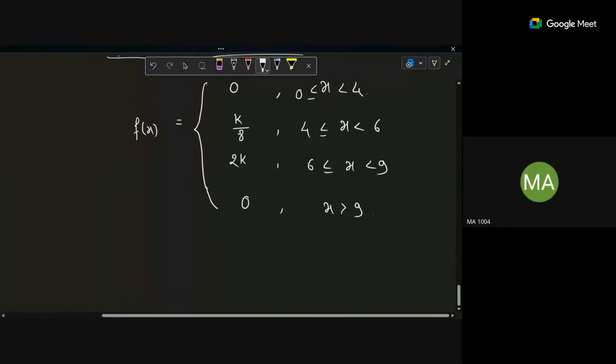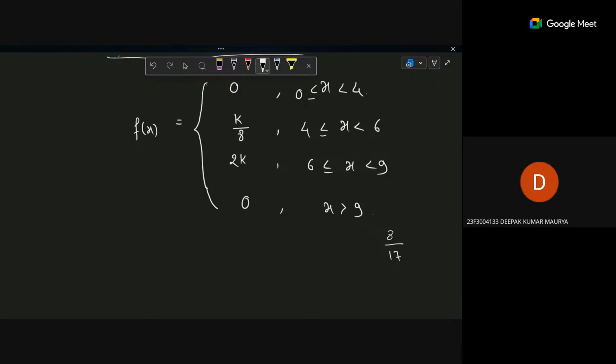Yes, ma'am. It's 8 by 17. It's a half. I think it's integration and subtraction only, right?